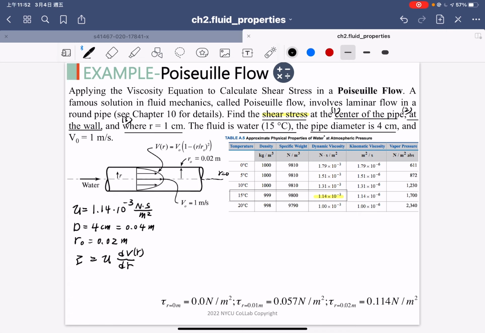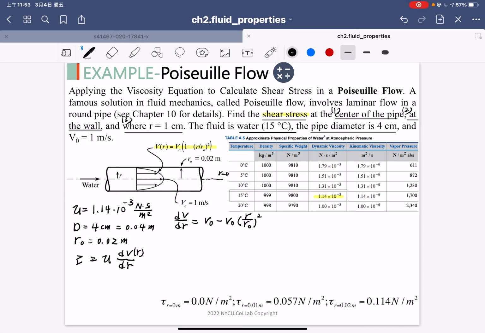The question already provides the velocity in here. So first, we should compute dV/dr. And we know the V function is V0 times (1 minus R squared divided by R0 squared).